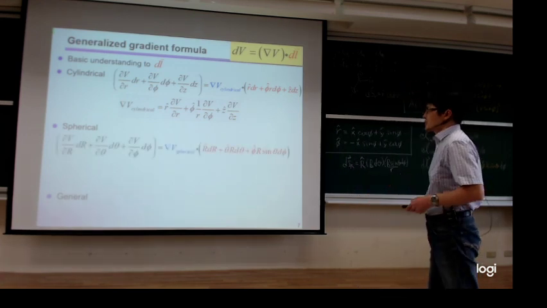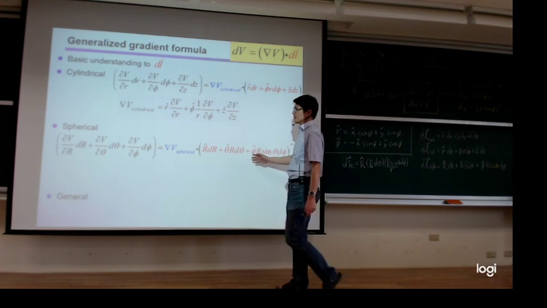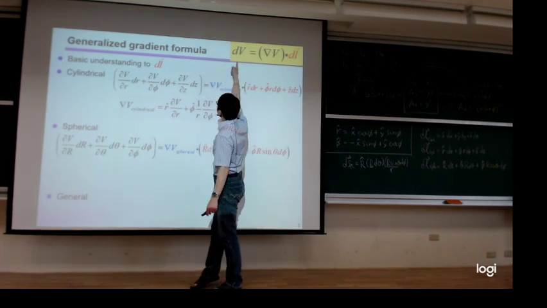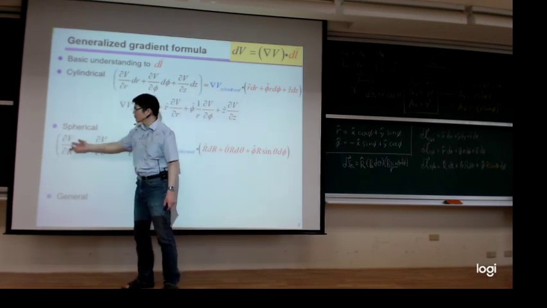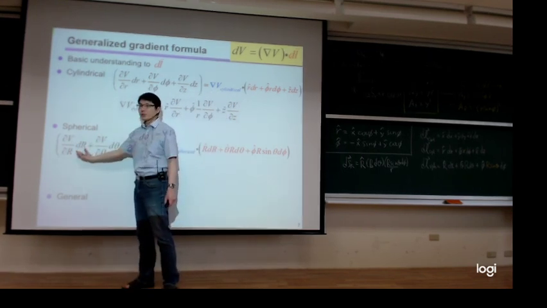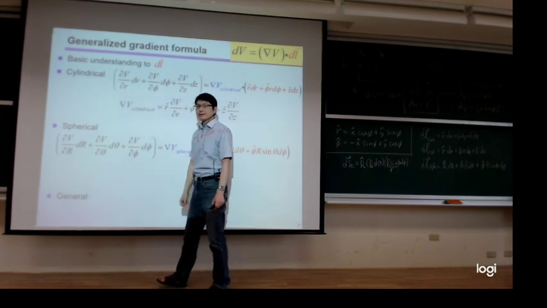Right? Spherical coordinate, again, dv is simple, right? You have your partial differentiation multiplied by your differences in r, theta, and phi.